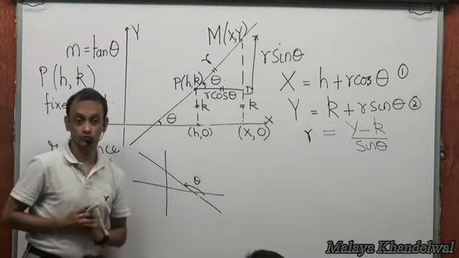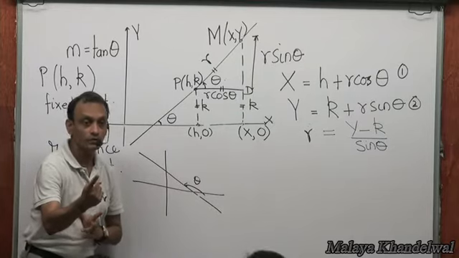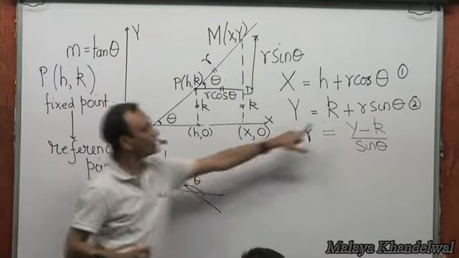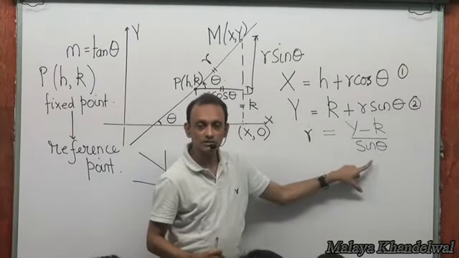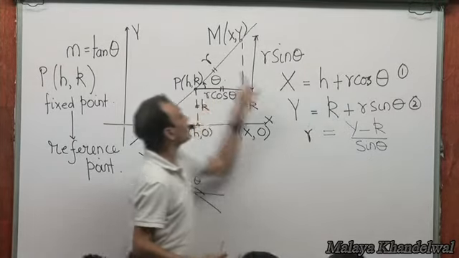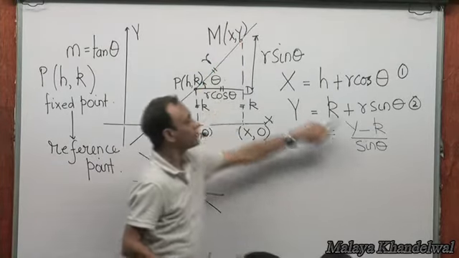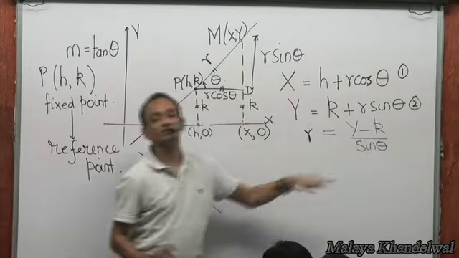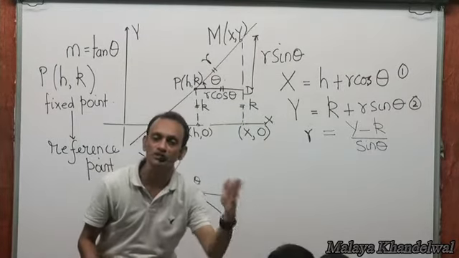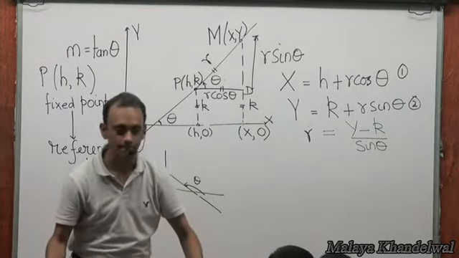Yes or no? What do you say? I solved for r from this equation, y minus k by sine theta, isn't it? Where y is the y coordinate of any point on the line, k is the y coordinate of this fixed point, and theta is the angle that the line makes with the positive direction of the x-axis.